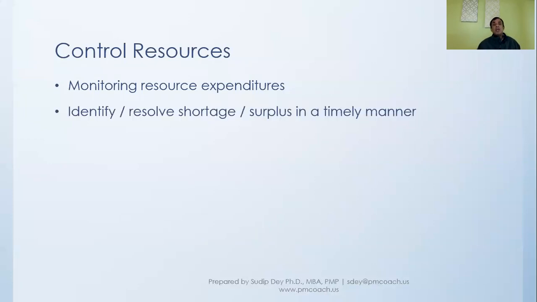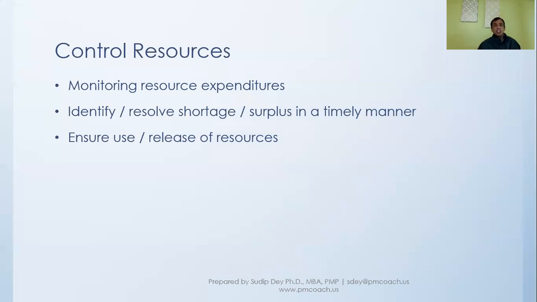Then we have to ensure that if there is a shortage, you resolve the shortage. If there is a surplus, you have to avoid surplus. And we have to always keep an eye on what resources we'll need. We'll have to identify that so that we neither have shortage nor surplus.